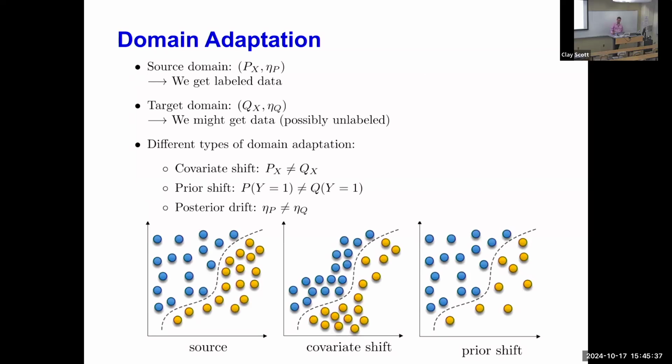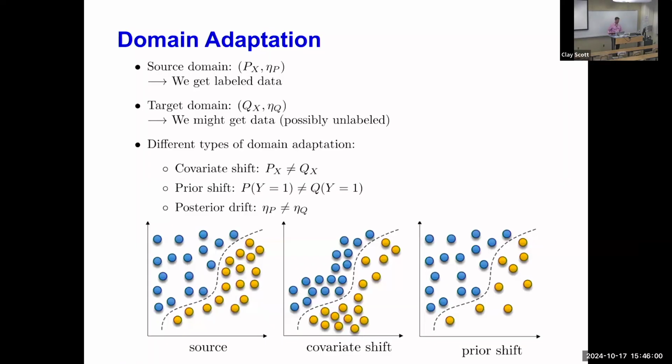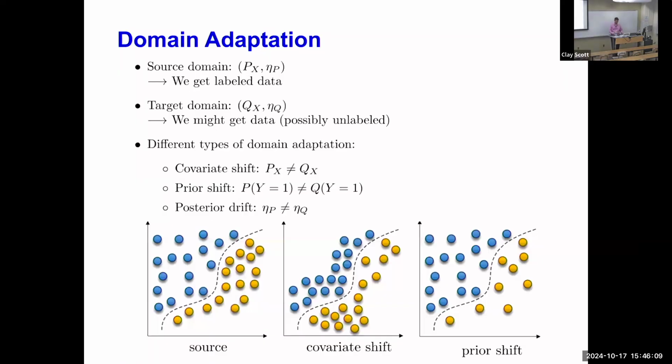Okay, so this workshop has domain adaptation in the title, so most people here will be familiar with the problem, but for those that aren't, here's the gist of domain adaptation. Basically, you can think of it as classification where your test data comes from a different distribution than your training data, right?